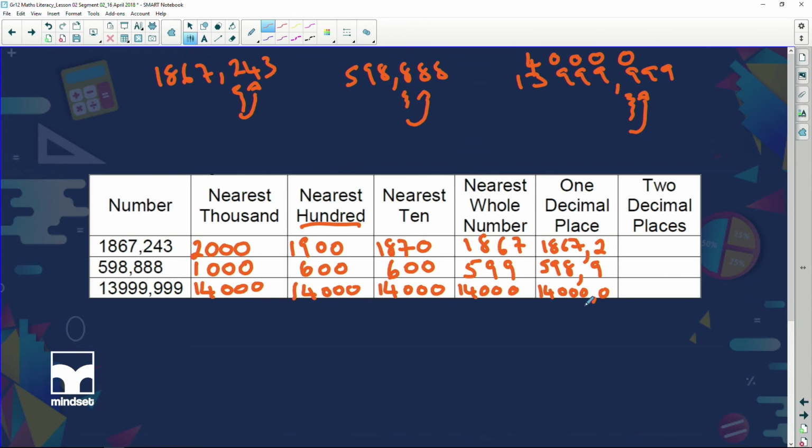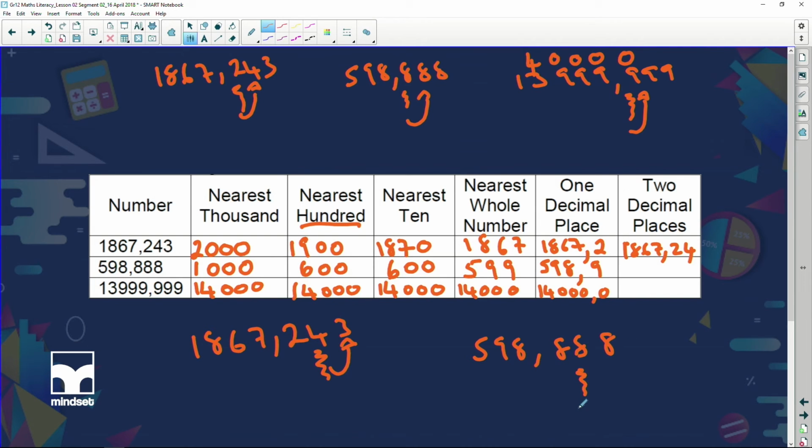2 decimal places. I have 1867,243. That 4 is affected by the 3. 3 is a tiny number. Says to the 4, you don't have to change. I'm too small. So 1867,24. This number here, 598,888.